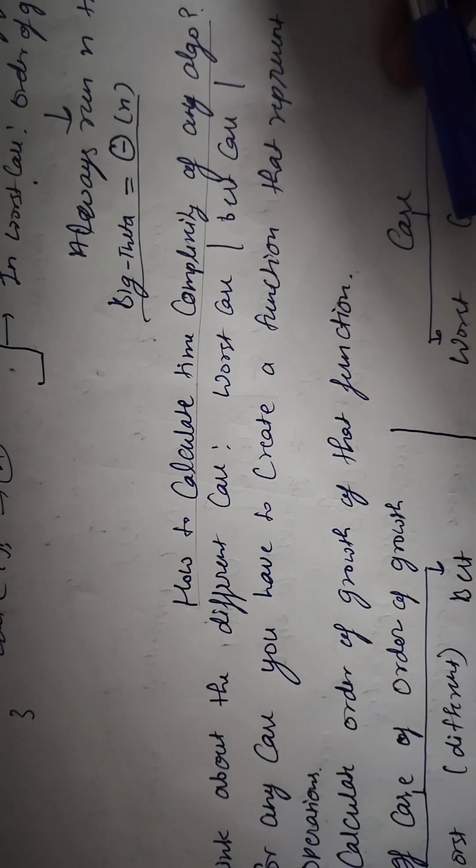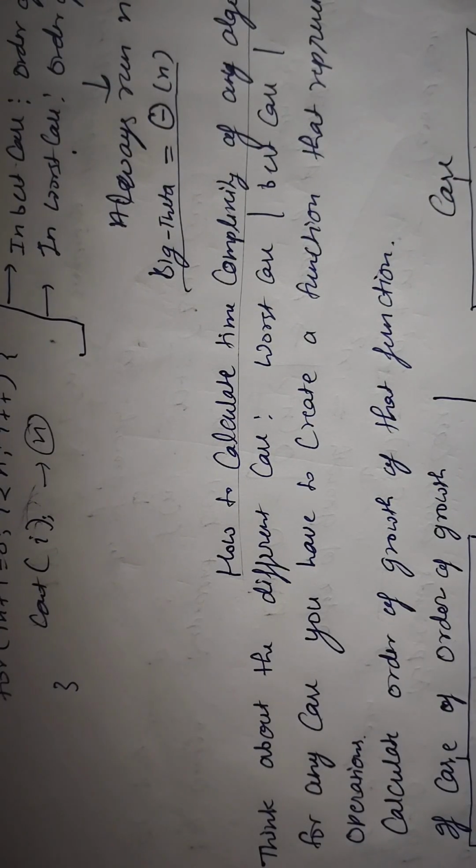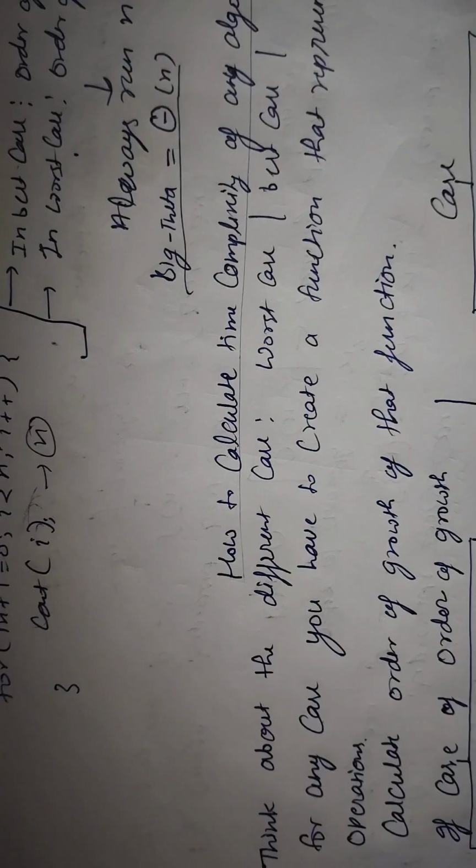After creating that function, you have to calculate the order of growth of that function for every case. First you will identify the worst case, then the best case, and you have to calculate the order of growth for these two functions.